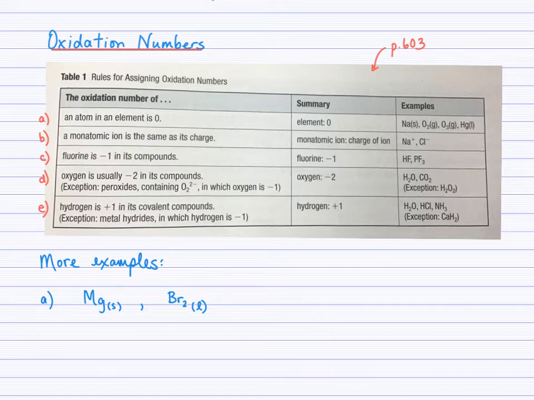You can see in row A here that, using the heading of the column, the oxidation number of an atom in an element is 0. You'll notice in the examples that they've provided here, sodium solid is an element. Oxidation number would be 0. Oxygen gas is an element, one type of atom present, just oxygen. Oxidation number 0.